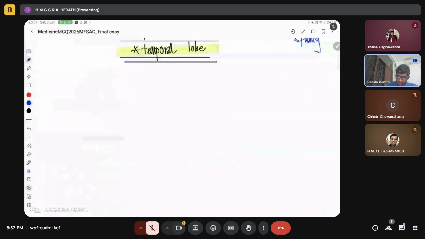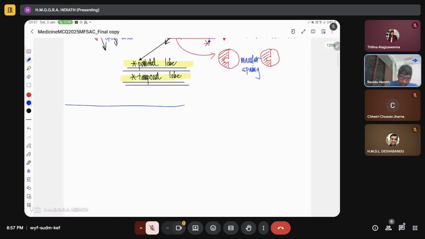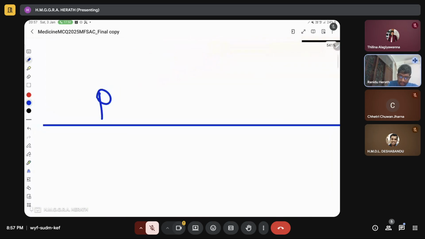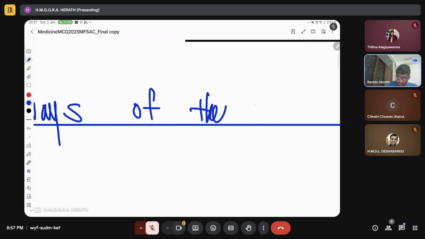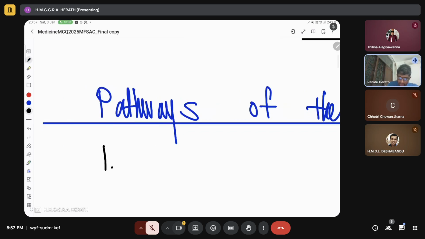Now, there is a pathway in the brain called the basal ganglia system, right? What are the components of the basal ganglia system? That day I told you.